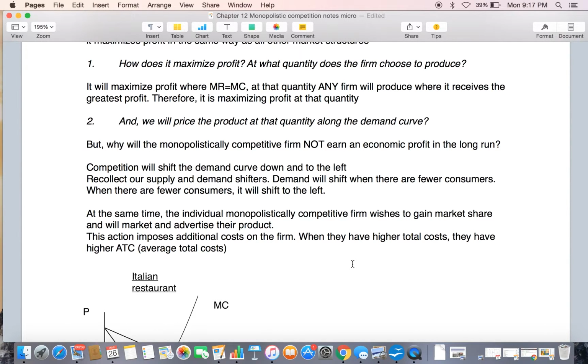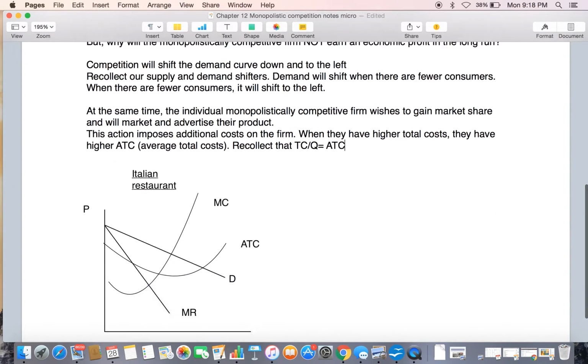This excessive marketing and advertising imposes additional costs on the firm, costs that the firm in perfect competition and in monopoly do not end up paying. Those additional costs raise their total costs. When their total costs are raised, their average total costs also increase. Recollect that total costs divided by the quantity we produce is average total costs.